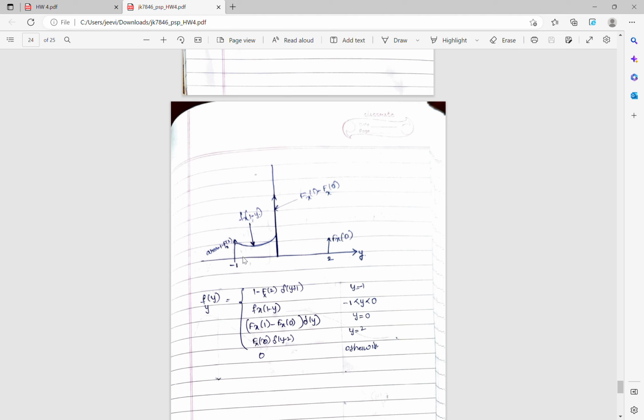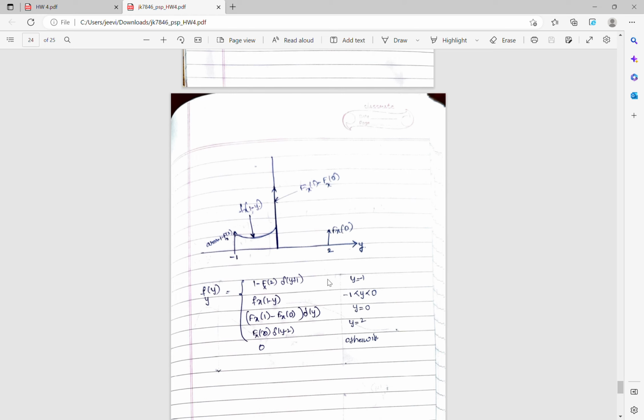As you can see here in the picture, it's going to be this when the value is between minus 1 and 0. At y equal to 0 it will be F_X(1) minus F_X(0), and this will be the value at y equal to 2, and otherwise it's going to be 0.